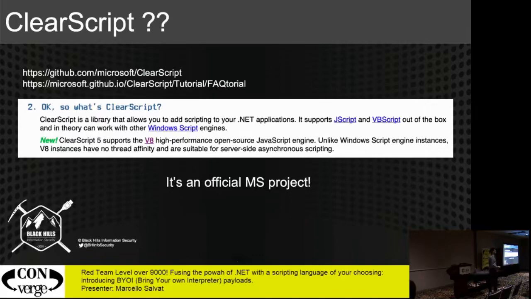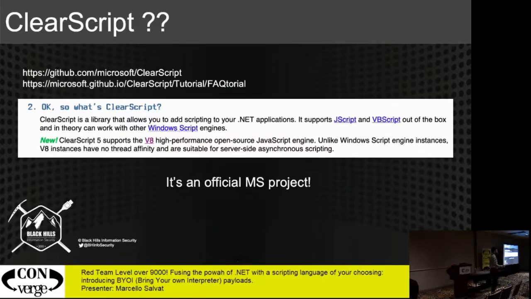So ClearScript. ClearScript is a fun one. I actually discovered this last month, and it's an official Microsoft project. From the description, it literally is made to add scripting capabilities to your .NET program. What's very interesting about this is that you can call JScript and VBScript from ClearScript.